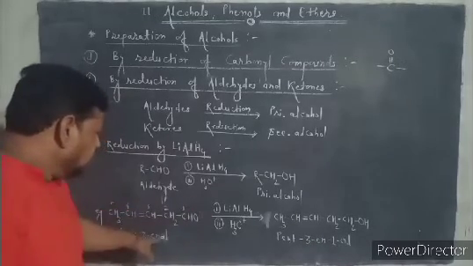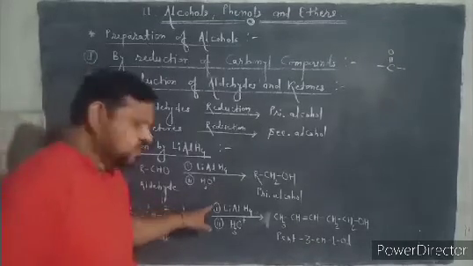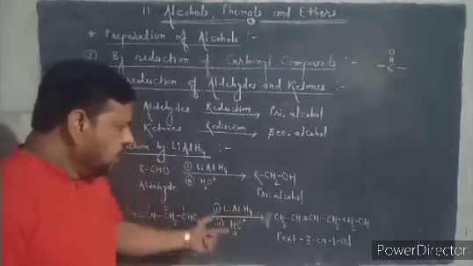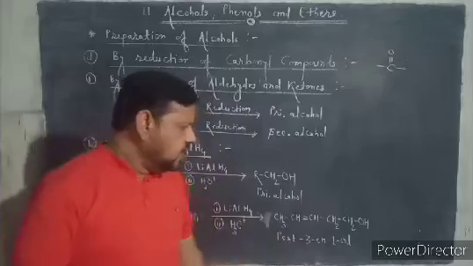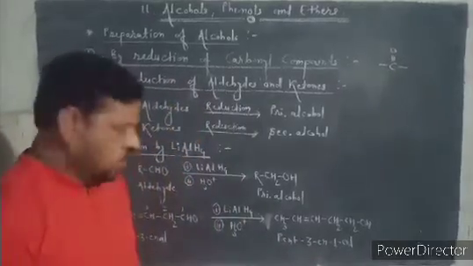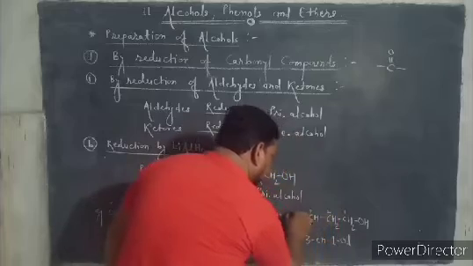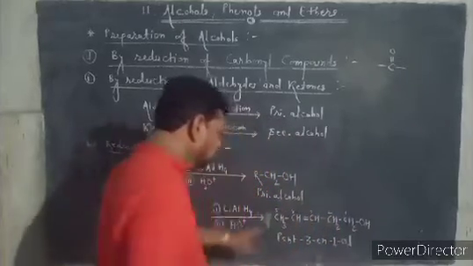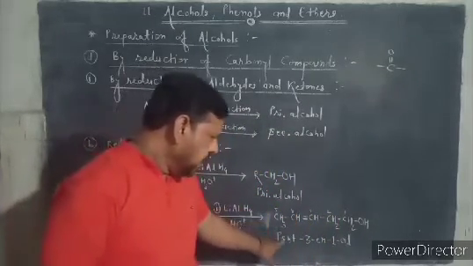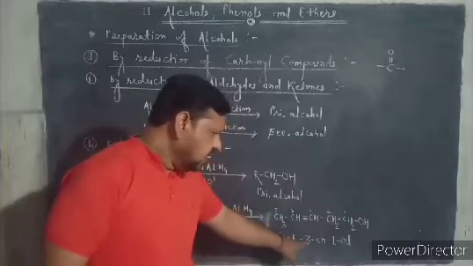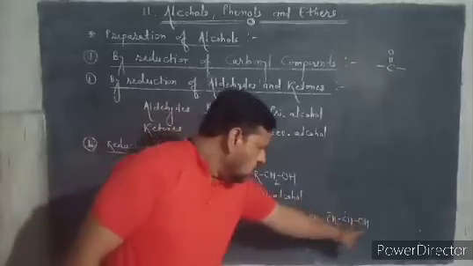Then this pent-3-enal on reduction with lithium aluminium hydride and hydronium ion gives pent-3-en-1-ol. See here, 5 carbons, the double bond on third position, hence 3-en and 1-ol.